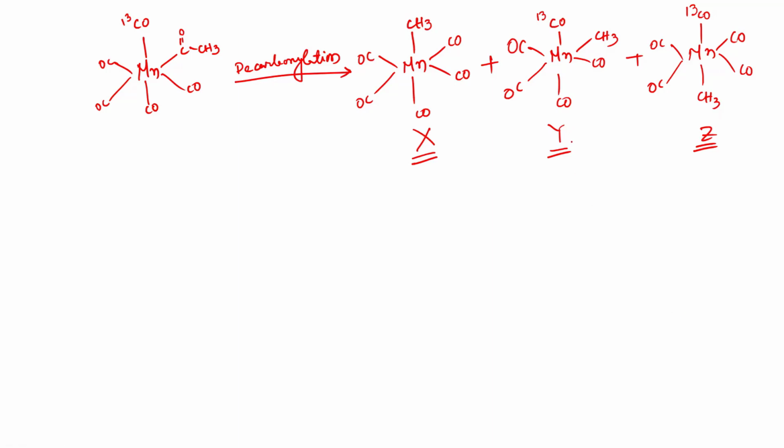In the cis compound Y, the CO with 13C incorporated and the CH3 group are cis to each other, and in compound Z, the CO having the 13C and the CH3 group are trans to each other. So these three products are forming by the decarbonylation of this complex, cis-COCH3 Mn(13CO)(CO)4.